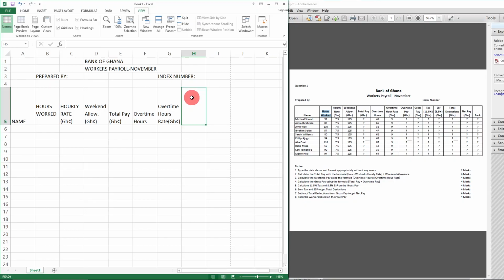And then the next one is overtime pay, also in Ghana cedis.